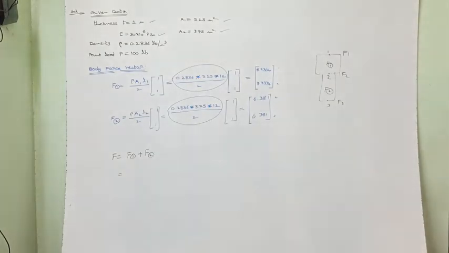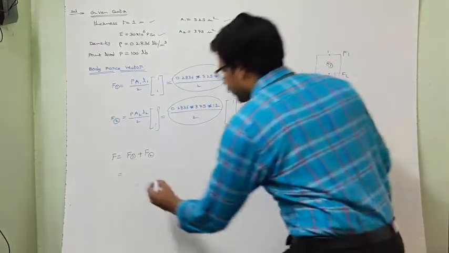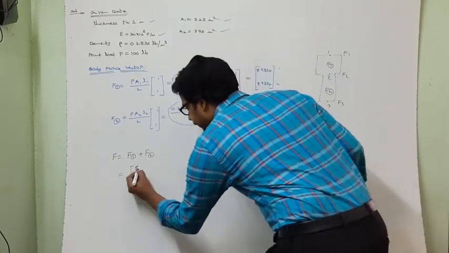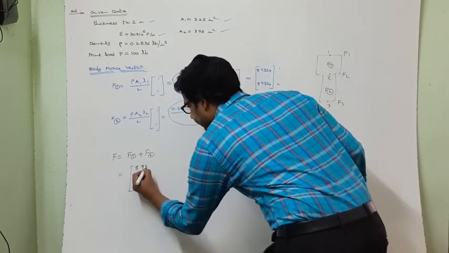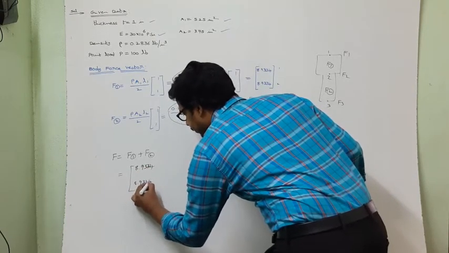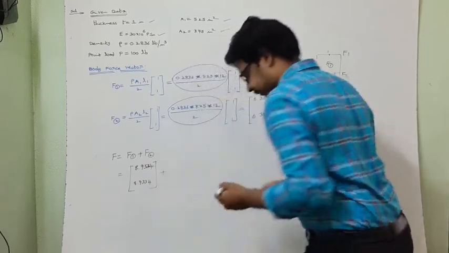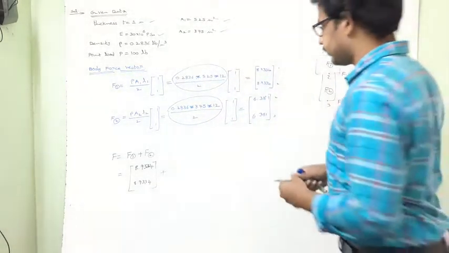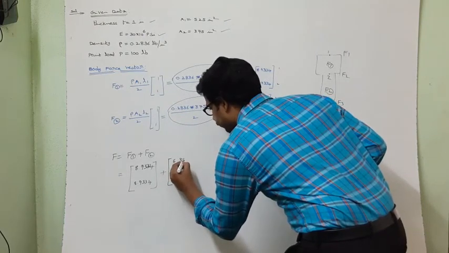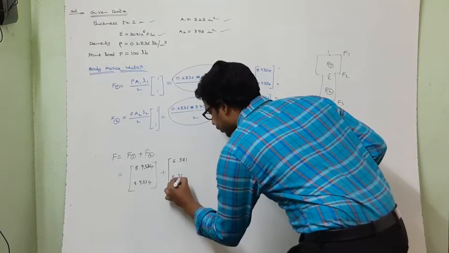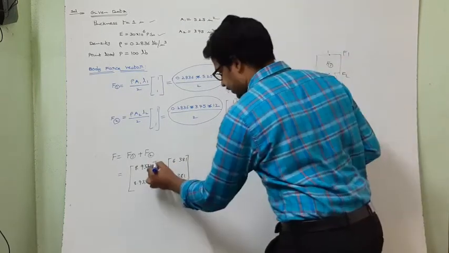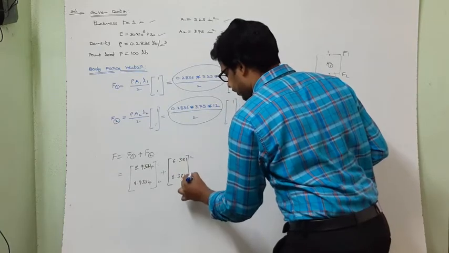The first vector is 8.9334 and 8.9334, plus 6.381 and 6.381. So here this is the first node, second node, and third node.